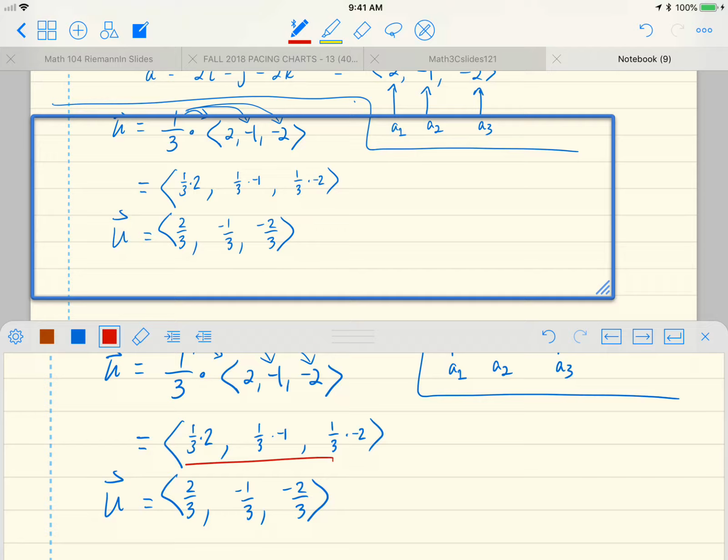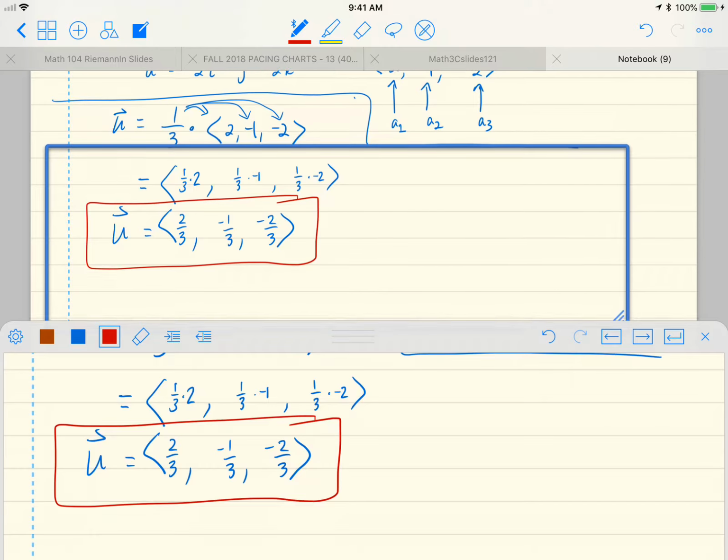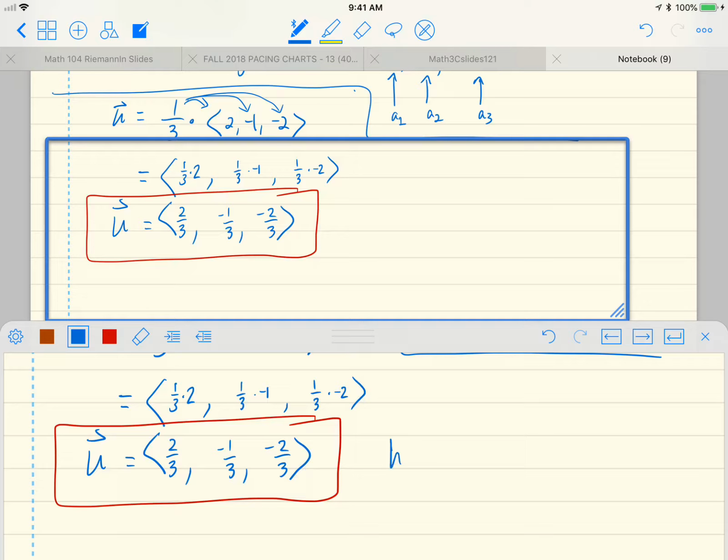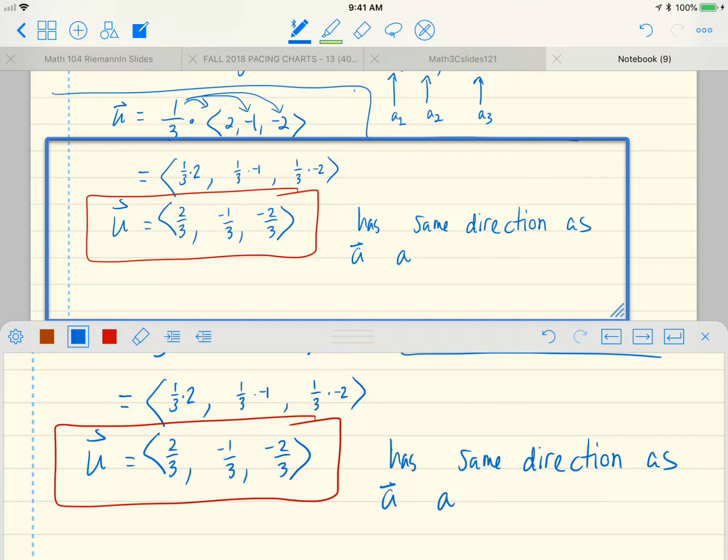So this vector has the same direction as A, and so u has the same direction as A, and u is a unit vector.